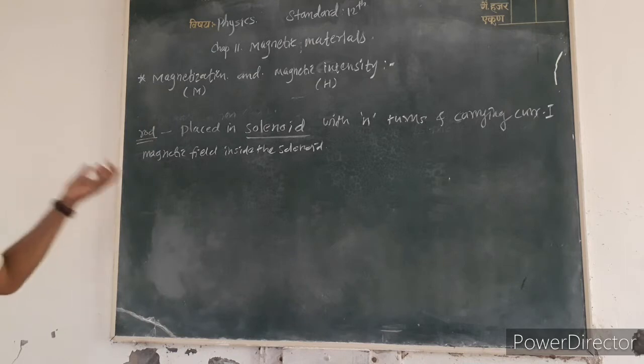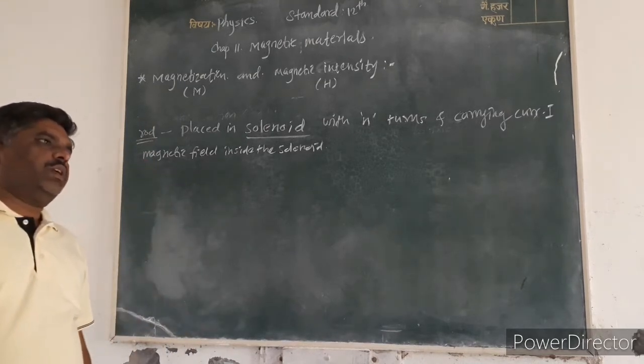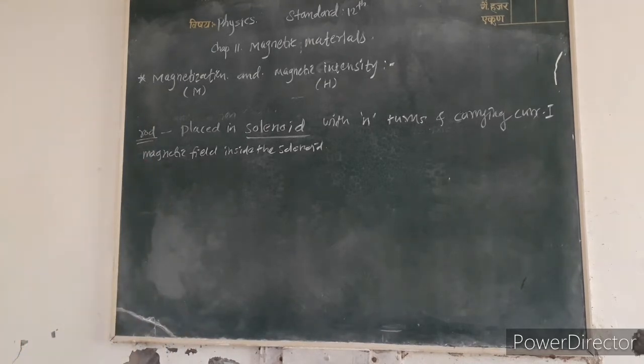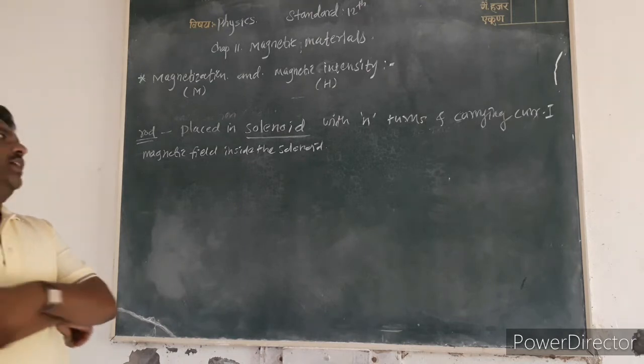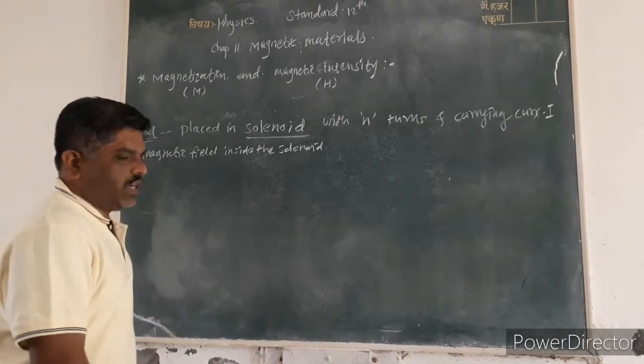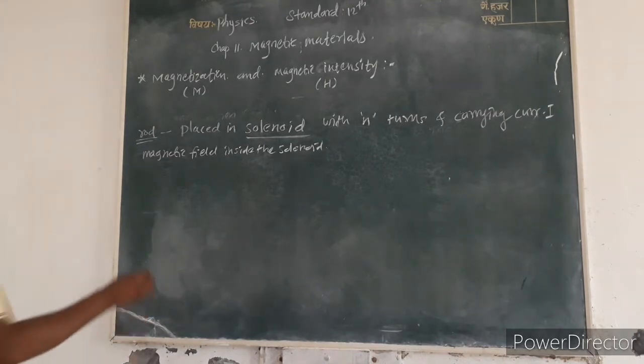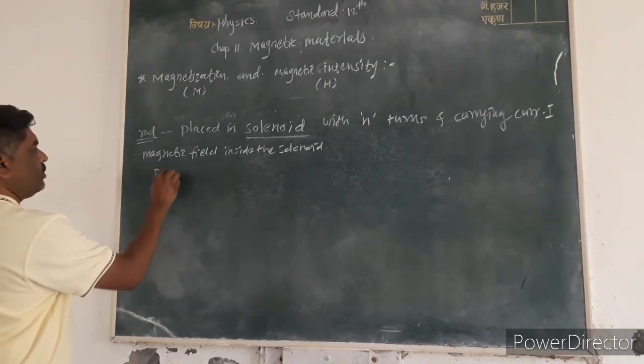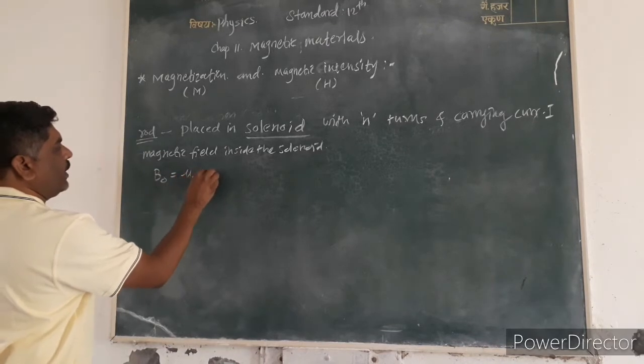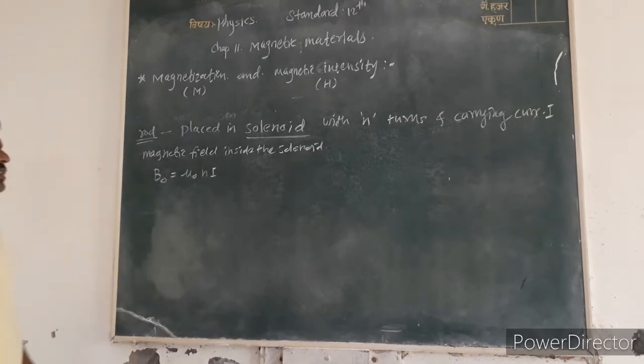In the case of solenoid and toroid, we already proved how much magnetic field is produced. Suppose B0 is equal to mu 0 n I, the magnetic field inside the toroid.